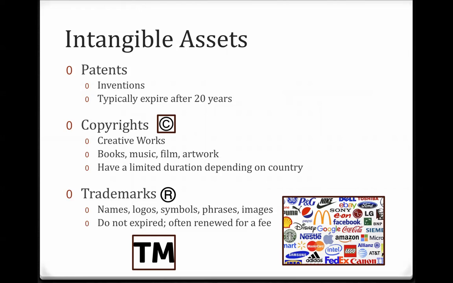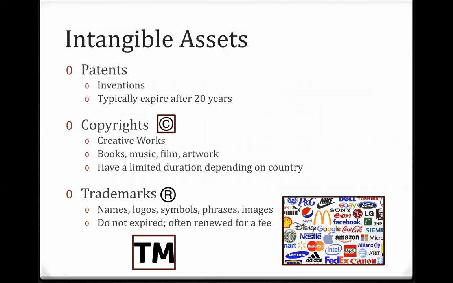So patents protect inventions, copyrights. Copyrights are creative works. So you think of any books, any music, any movies, film, artwork, poetry. We're really thinking of the creative works of somebody, and those protect that from being maybe downloaded illegally.